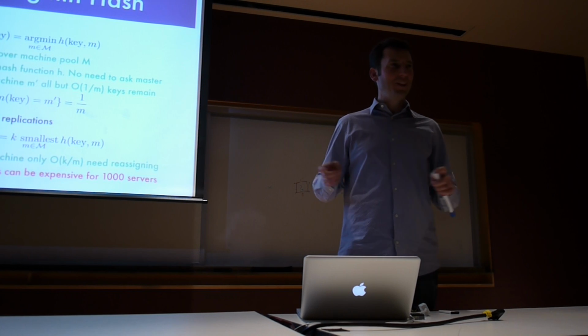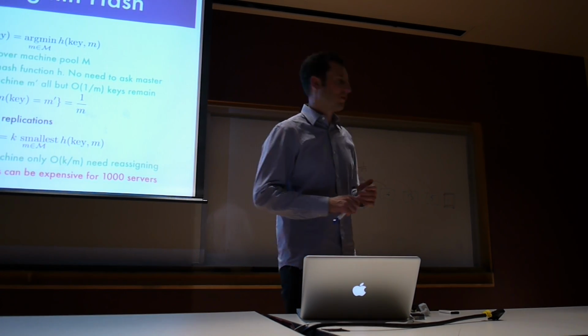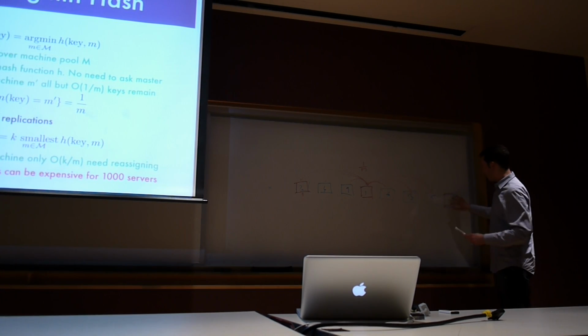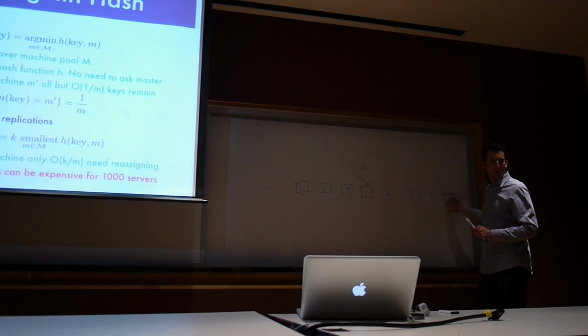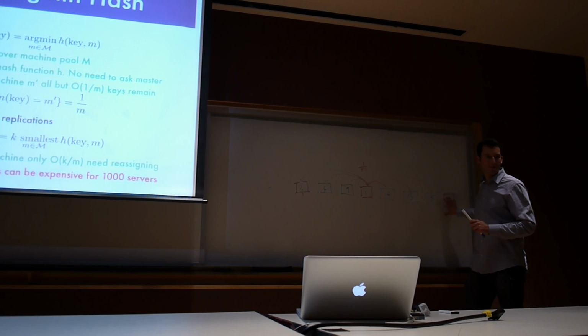And I don't even need a master to do that anymore. So I could, without loss of generality, make the machine with the smallest ID the one in charge of that replication for that particular chunk. And if that one dies, I send the signal out to everybody else and tell them, well, this machine is dead.